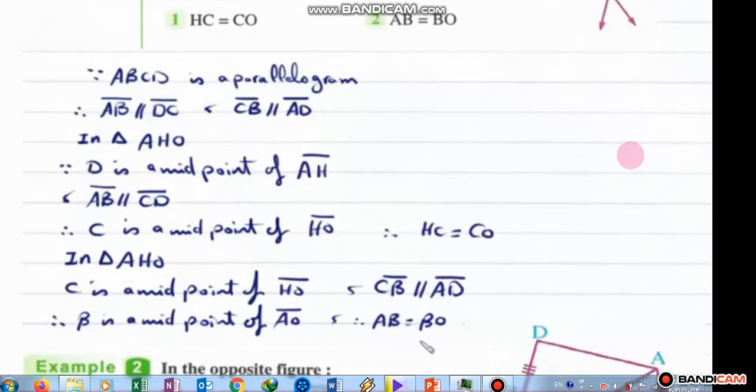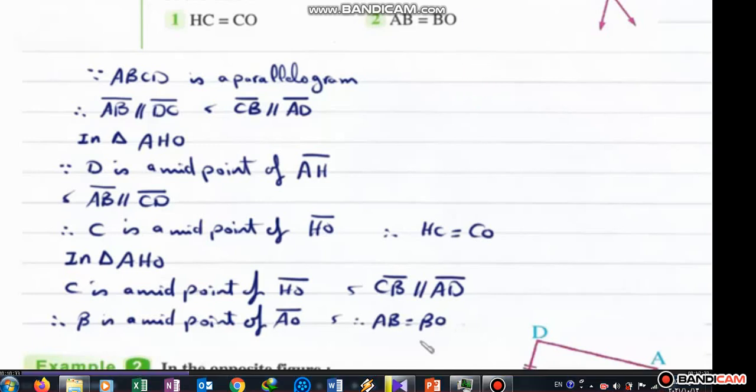And in triangle AHO, C is the midpoint of HO and CB is parallel to AD, then B is the midpoint of AO, then finally AB equals BO.